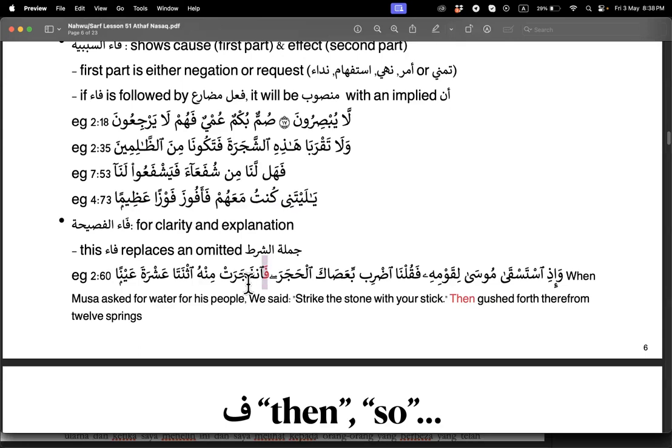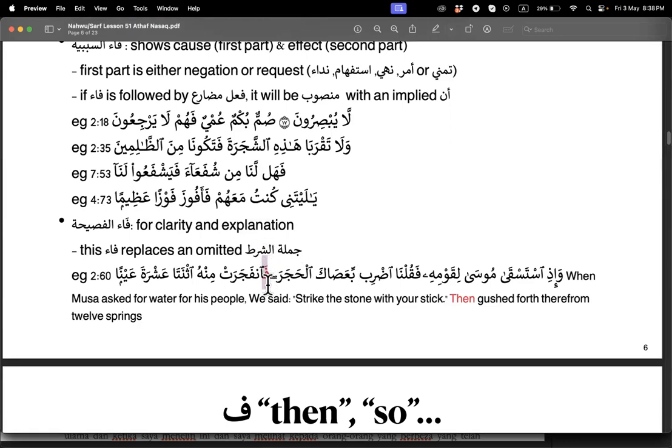But what happened? I'm asking you. It's not mentioned, but what happened? The water coming out is here. After Allah said this to Musa, what will Musa do? Musa will strike the stone with the stick.